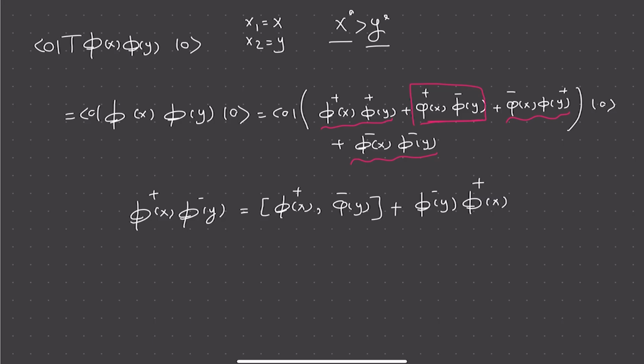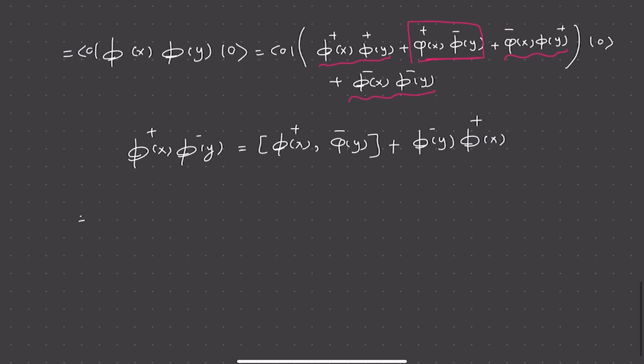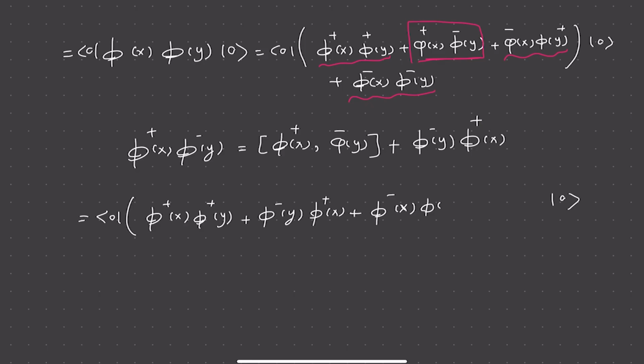Now if you replace that, the first term is the first term. Now this is going to be phi y negative, phi x positive, plus phi y positive, phi x negative, plus phi x, phi y, plus a term in the commutator.